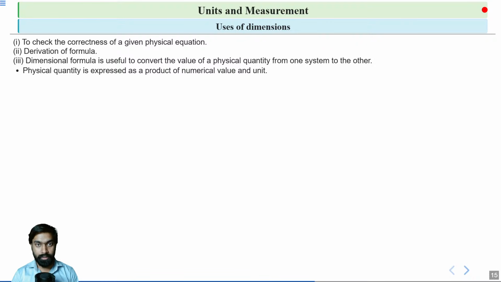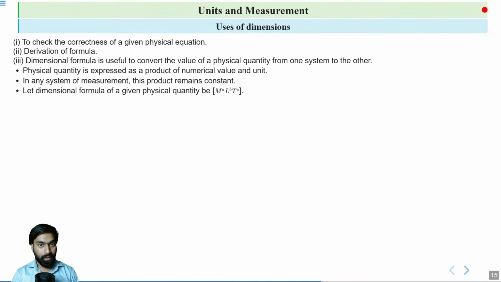So any physical quantity we can write with the help of unit and its magnitude. In any system of measurement, this product remains constant. Let the dimension formula of given physical quantity be M^A, L^B and T^C.